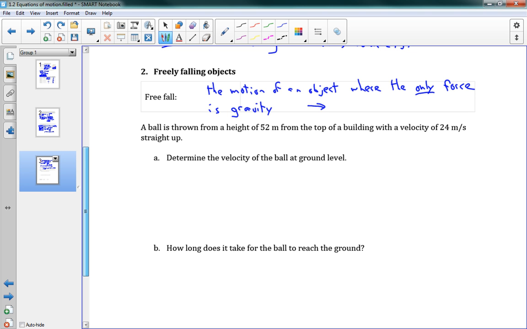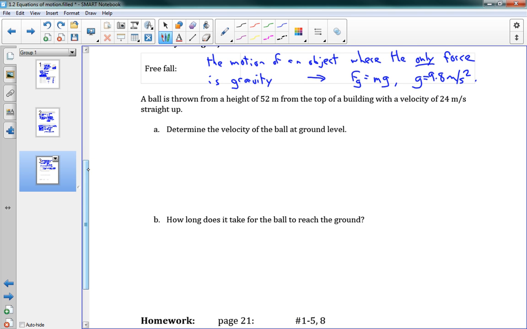And you might remember that the force of gravity is equal to mg, where g is equal to 9.8 meters per second squared. Okay, so we're just going to quickly look at how our kinematics equations apply to free fall.